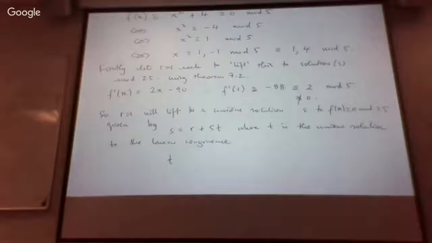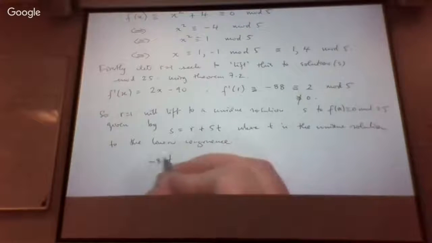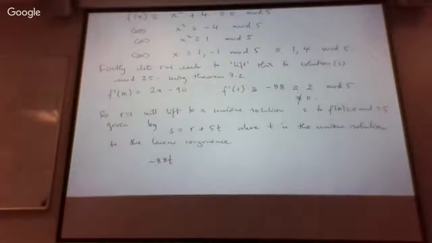Well, f prime of r we already worked out was minus 88. Plus f of r, okay, we haven't identified that yet. So f of r, f of 1, which is 1 minus 90 plus 99. What's that? 100 minus 90 is 10.